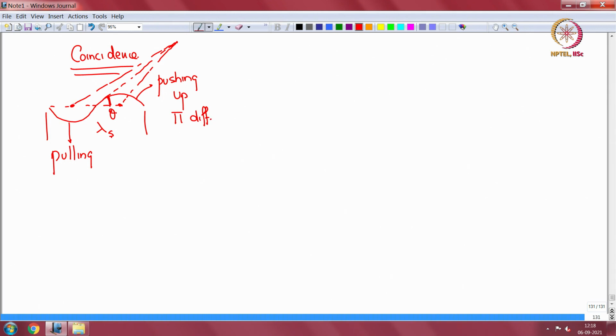Now, what is the path difference? To this remote point here, the path difference is this perpendicular distance. This is the path difference.